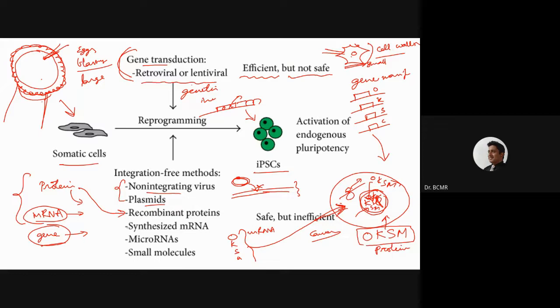That is certainly a viable one, but we should be able to somehow deliver the mRNA into the cell. That's one of the problems. And then there are other ways of doing this, which are not necessarily using OKSM. That is what we are going to discuss today.